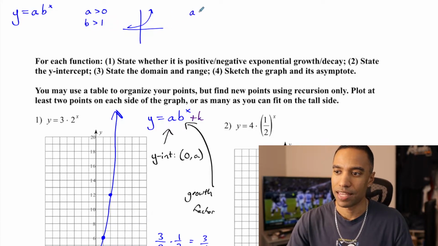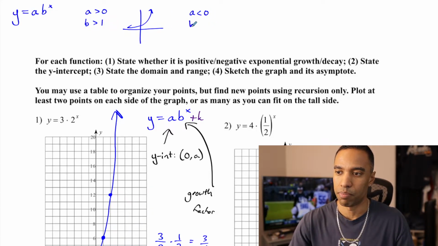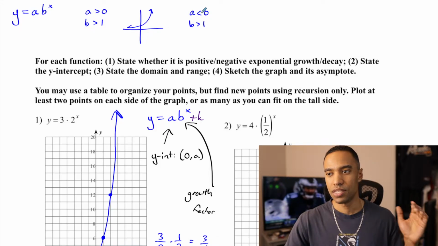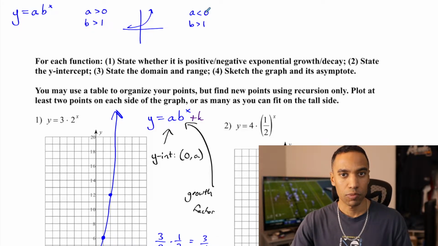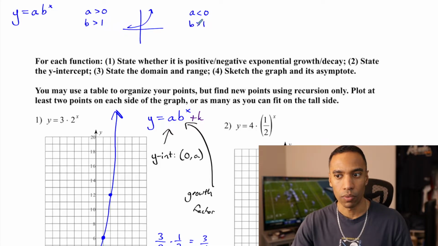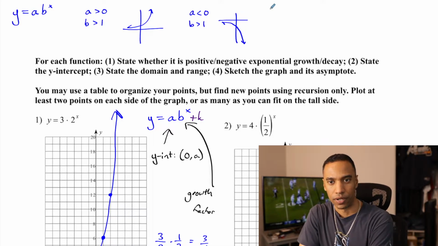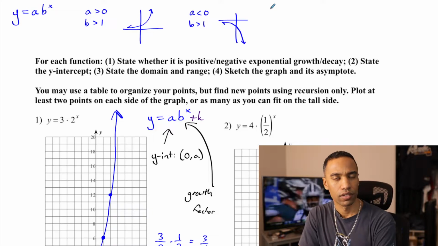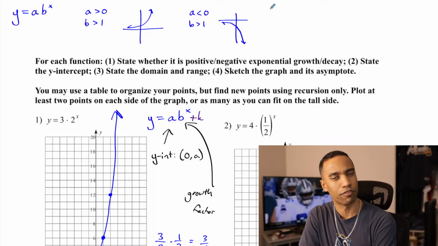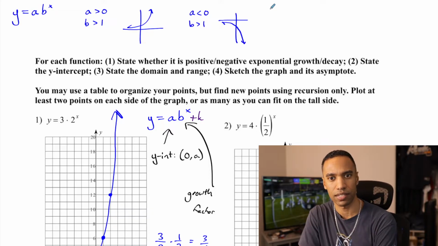If we have a is less than 0 and b is greater than 1, this is a negative exponential function, but it's still growth. And this is part of the thing I wanted to mention. Here's what it's going to look like. It's going to go downward. So it's growth, but it's negative growth, right? You say it's going down, that's not growth.